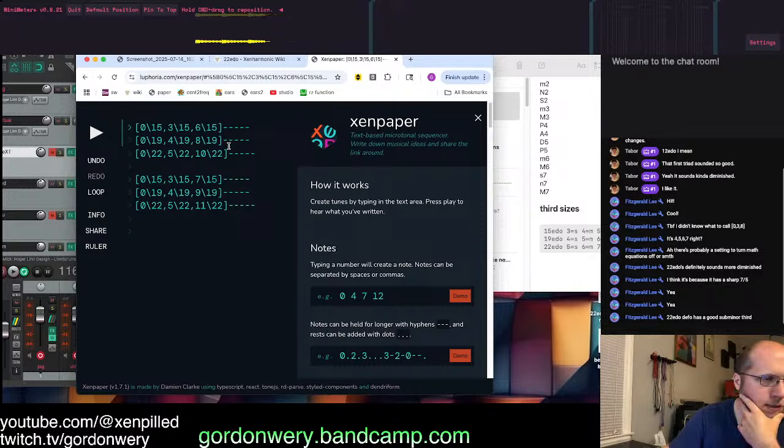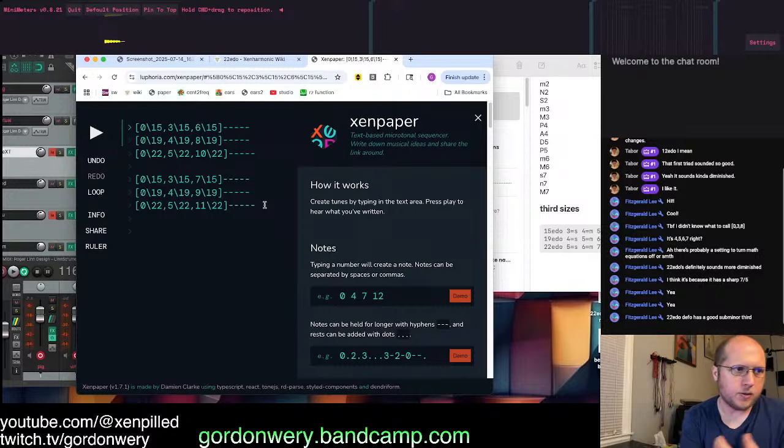22 definitely has a good subminor third, yeah. It has a distinctive subminor third. But that's also a neat thing about 26. 26 is even more than 22. If you compare the triads in 22, I think in some contexts they can feel pretty interchangeable.